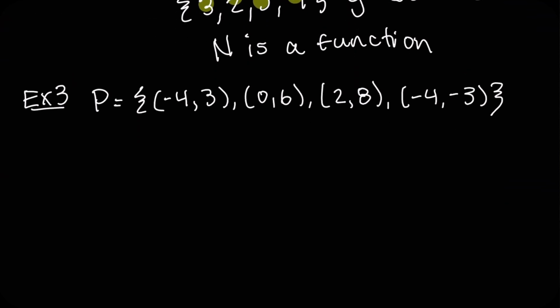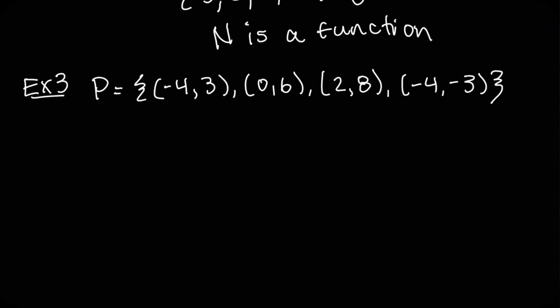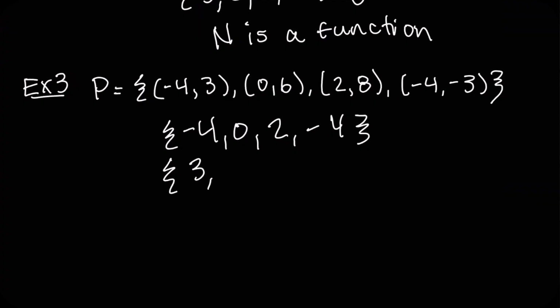Now our last example here, let's go ahead and look at p. So p, we have our x and y values one more time. -4, and then finally we have a 3, a 6, an 8, and then a -3. Okay, so we can go ahead and reduce this just a tiny bit because we have the -4s repeating.